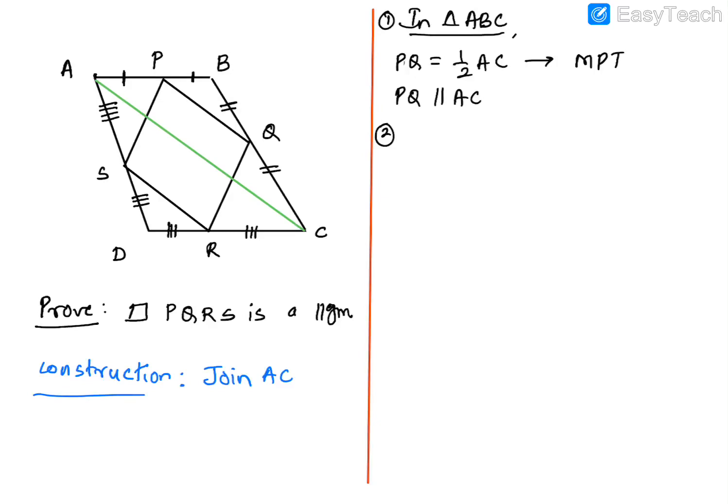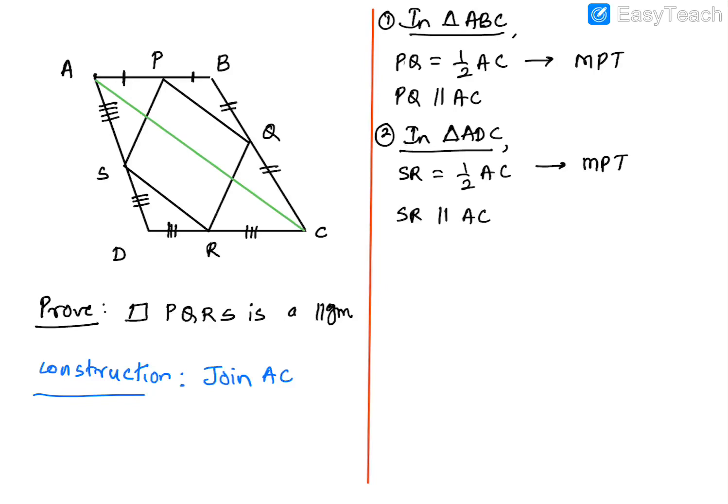Okay. Now we'll take triangle ADC. In triangle ADC, we can say what now? SR is equal to half of AC, and SR is parallel to AC. Again, what will be the reason?